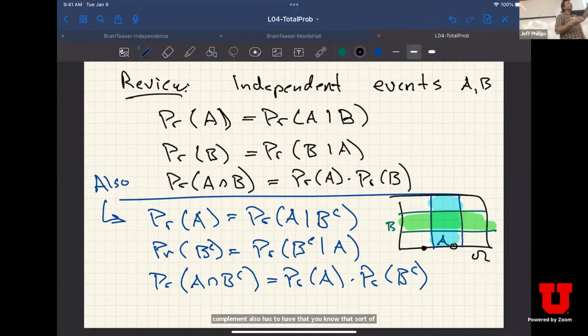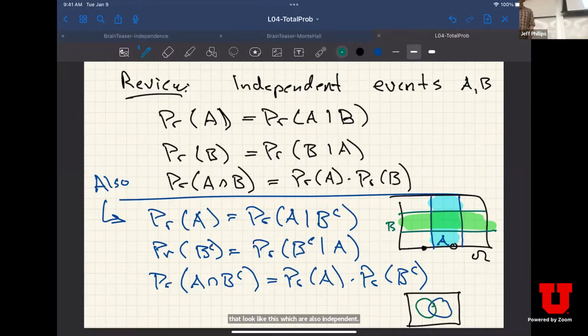Having independence between two events does not need to look like this picture, but this is a convenient way to think intuitively about what's going on. You can come up with other events that have the same proportion. I could have events that look like this, which are also independent.